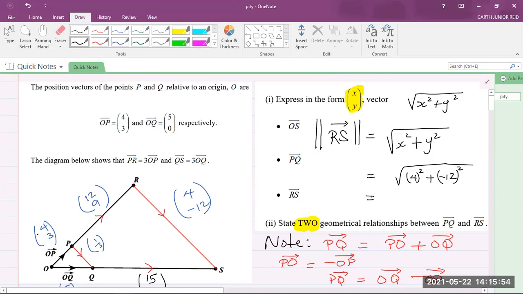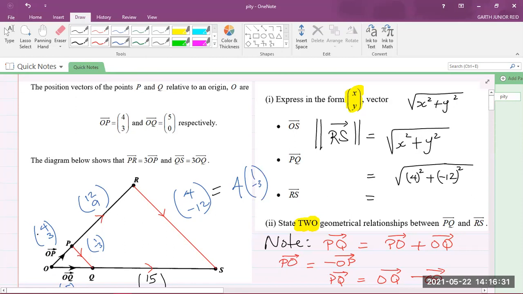Now, 4 squared is 16, and 12 squared is 144. So that's 144 plus 16. You could write it like that, or we know that we can write the vector Rs as 4 times the vector PQ, which is 1, -3.